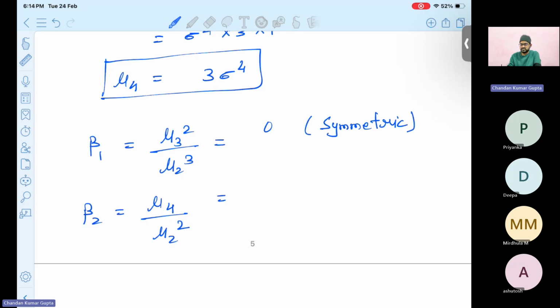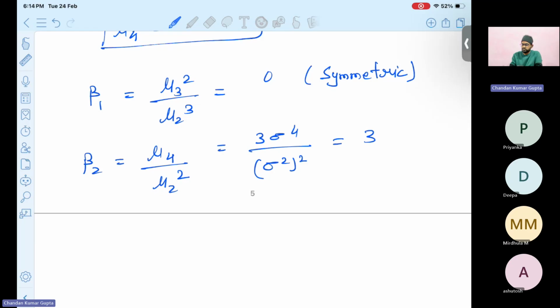So it comes out to be 3 sigma to the power 4 divided by the variance sigma square and its whole square, which comes out to be 3. So beta 2 comes out to be 3, which implies gamma 2, which is beta 2 minus 3, comes out to be 3 minus 3 equals 0.